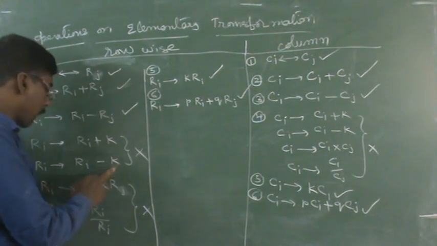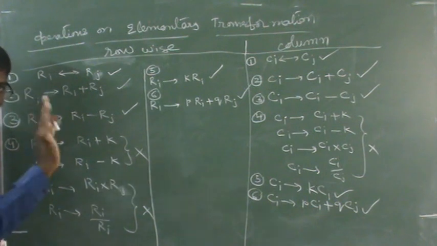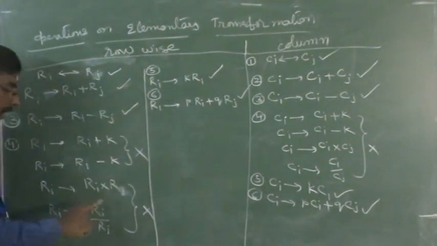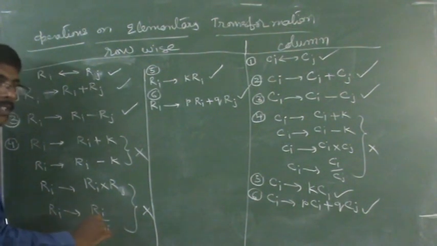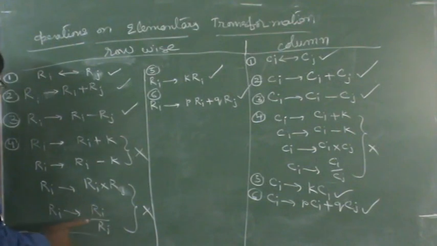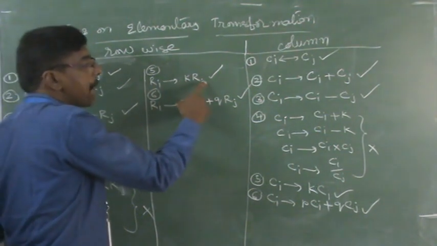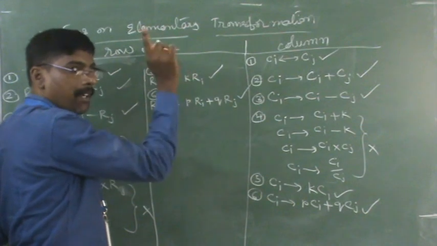Clear, very important. Then the product of two rows: we should not do the product of two rows in the case of elementary transformation. Two rows division: we should not do two rows division in the case of elementary transformation. Same condition, then one number multiplied by the given row, applicable.